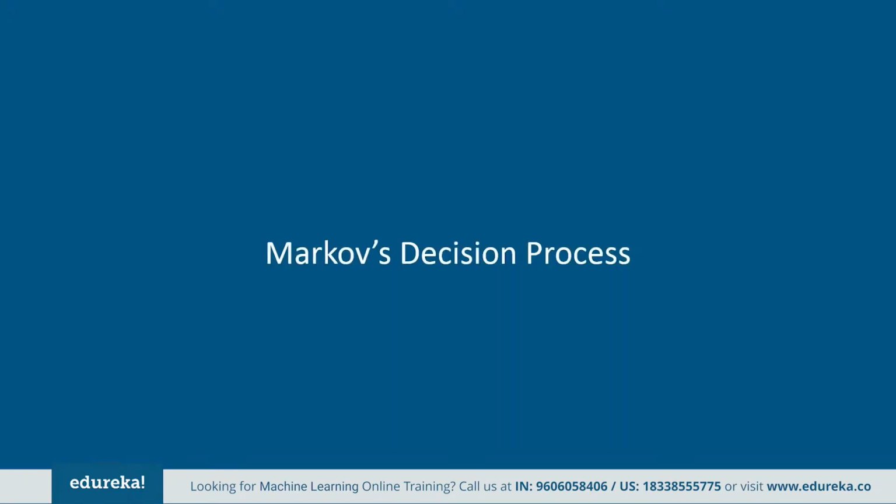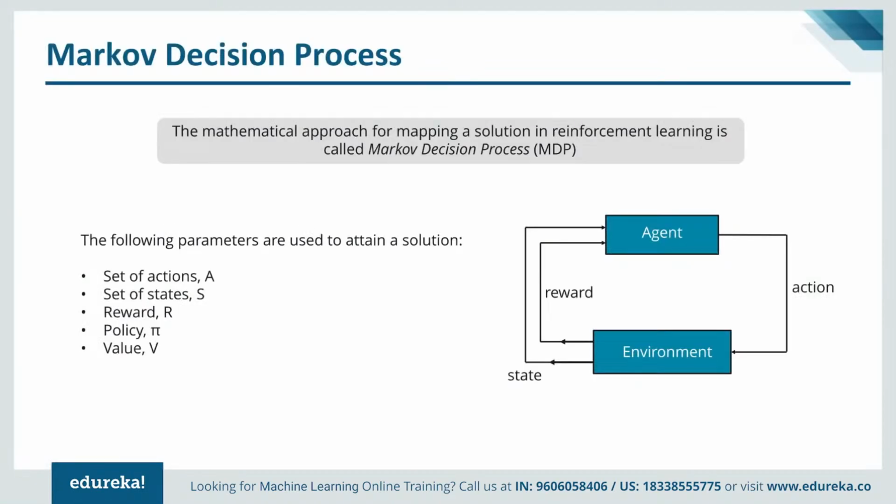Now let's look at the Markov decision process. This is basically a mathematical approach for mapping a solution in reinforcement learning. In a way, the purpose of reinforcement learning is to solve a Markov decision process. There are a few parameters that are used to get to the solution. The parameters include the set of actions, the set of states, the rewards, the policy that you're taking to approach the problem, and the value that you get.